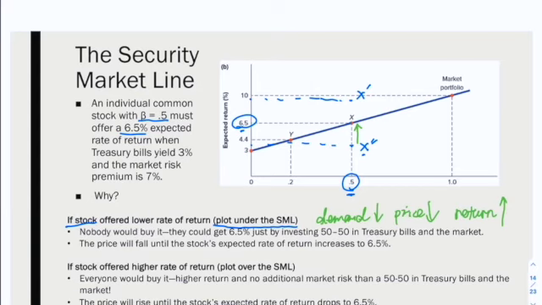And what if the demand keeps going down and the price keeps going down, the return keeps going up, all the way on top of the security market line? What happens if a stock offers a higher rate of return, it plots over the security market line, for example at X prime? With the same market exposure, the same risk exposure, it is offering us a higher return than our portfolio of half and half in the market portfolio and risk-free asset. Then as rational investors, we will all go buy it because it's a better risk-return trade-off.